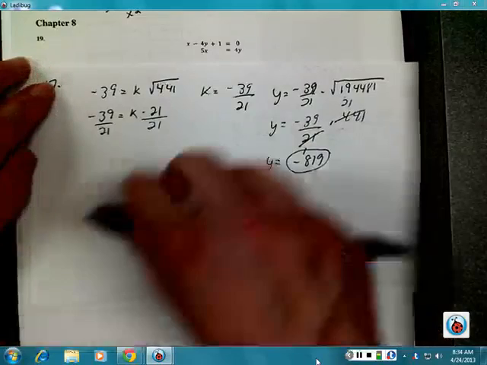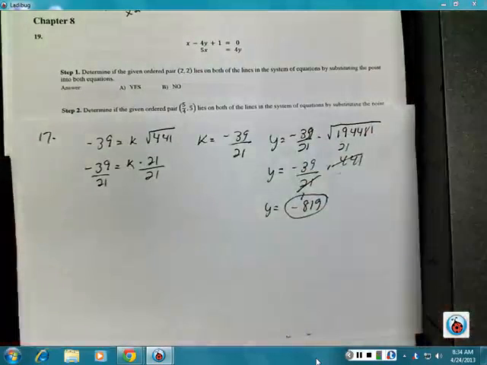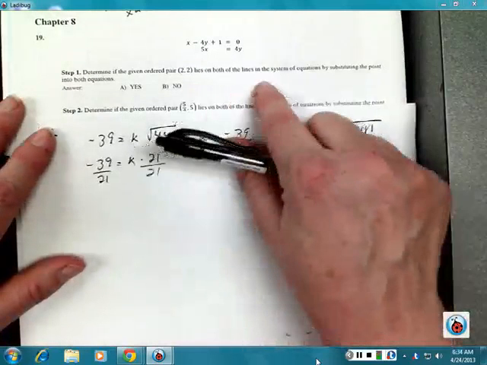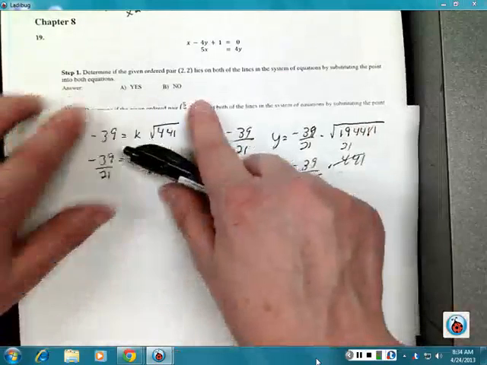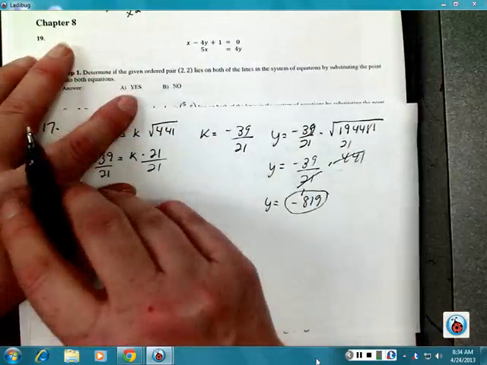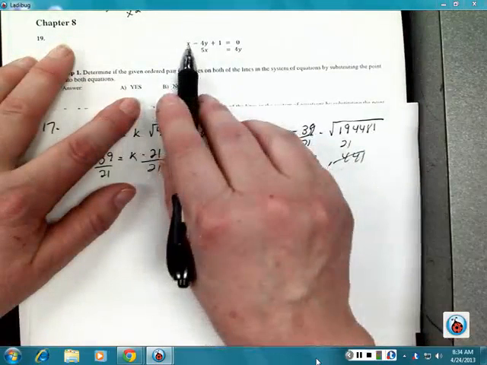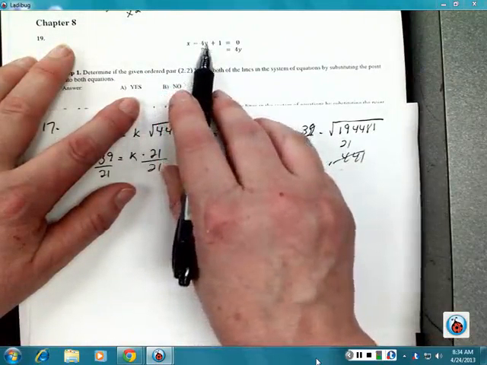So let's go through this one and see first the questions that they ask us. It says determine if the given ordered pair 2, 2 lies on both of the lines in this system of equations by substituting the point into both equations. So will 2, 2 make this thing work? So if I put 2 right here, 2 minus 4 times 2, because 2 also is y, gives me negative 8.